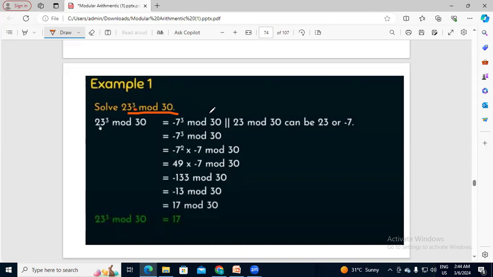mod 30, right? So how can you write this? 23 is nothing but 23 or minus 7. So you need to remember this property of modular arithmetic, right?